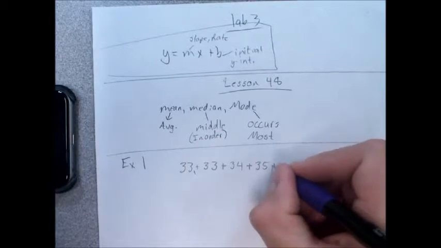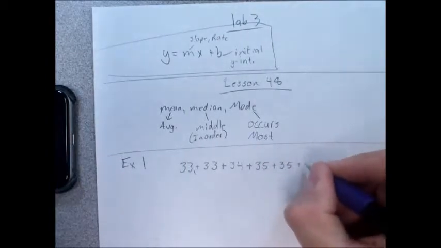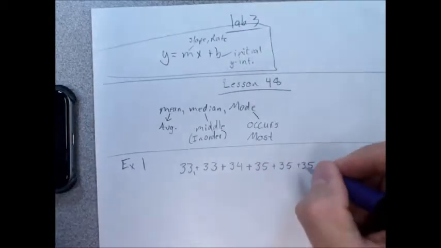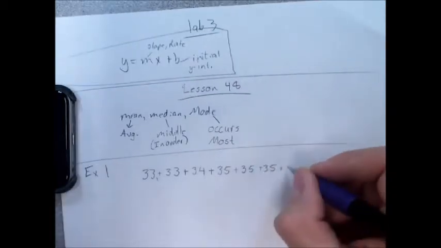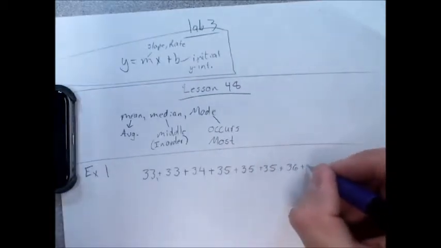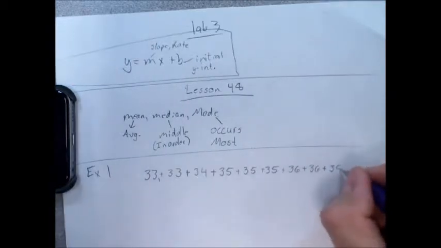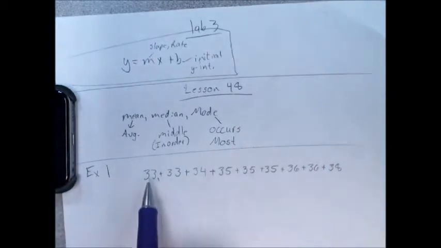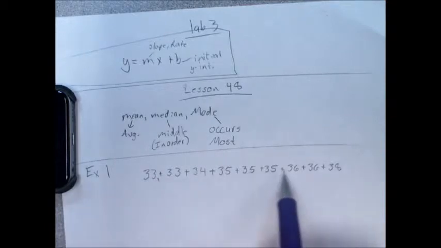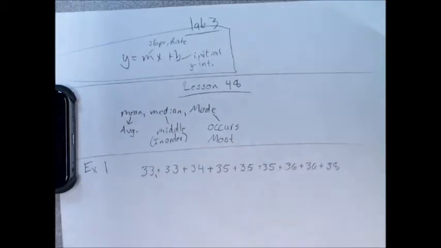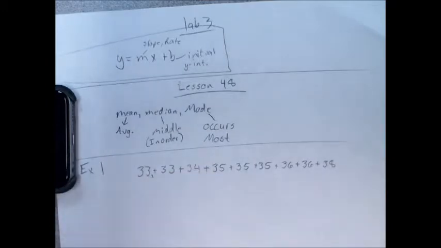I have 2 36s and a 38. And then I go back through there to make sure that I didn't forget any numbers. I count them. 1, 2, 3, 4, 5, 6, 7, 8, 9. And there were 9 numbers in my original, so they are indeed in order.